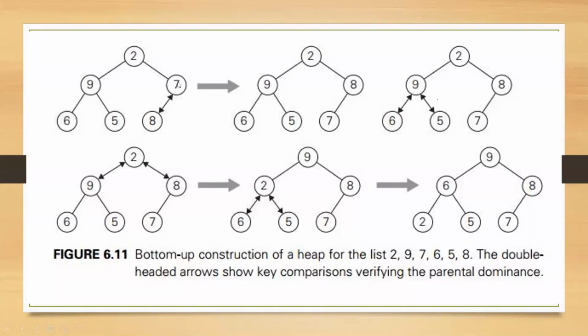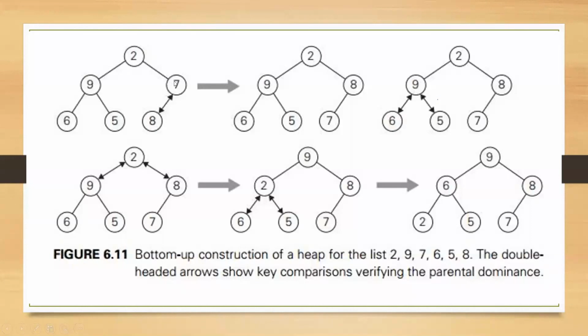Now take this node, and 7 has to be brought to this position, but you don't bring it at once. Before bringing this 7 here, check whether the parental dominance of this node holds. Since 8's old position doesn't have any children, there is no need to check the parental dominance for this node.